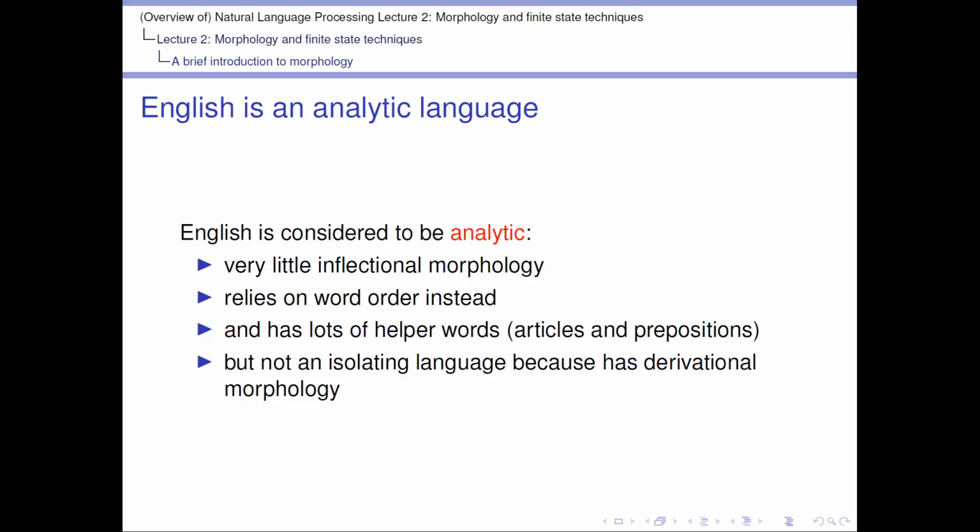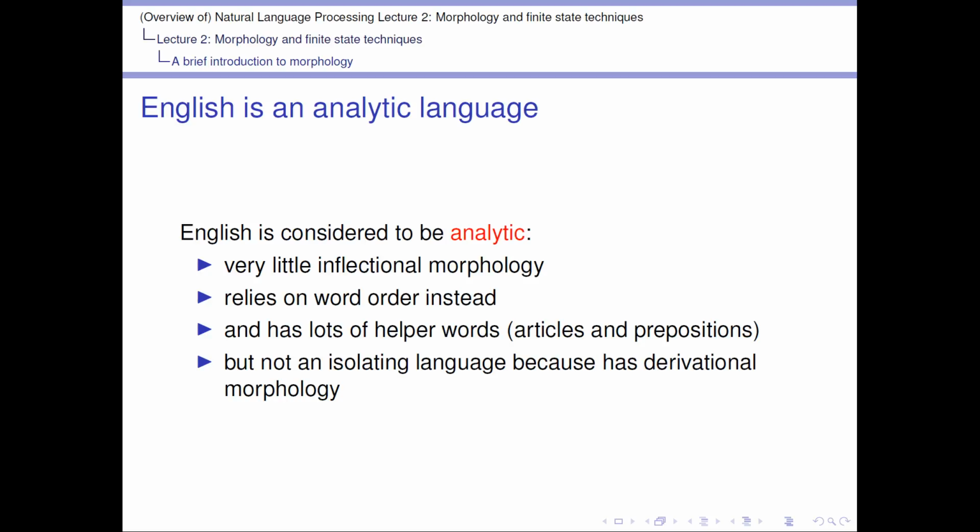And we use helper words and word order in order to tell us the stuff that in other languages is explicit in the word because of the morphemes. Now, we're not actually an isolating language because we use loads of derivational morphology. So morphemes do exist, and we actually do have a reasonable ratio per word, and that's because we use a lot of derivational morphology. So we are an analytic language.